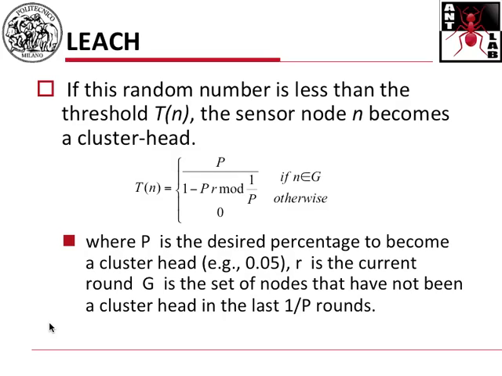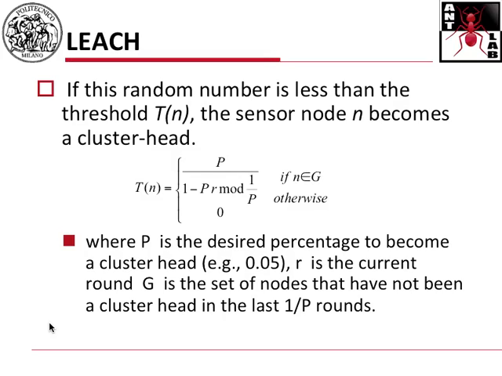This is 0 mod 2, which is 0. Clear? Which means that in the first round, at round 0, this threshold is equal to 0.5, which means that on average half of your nodes will choose to be cluster heads and half not.